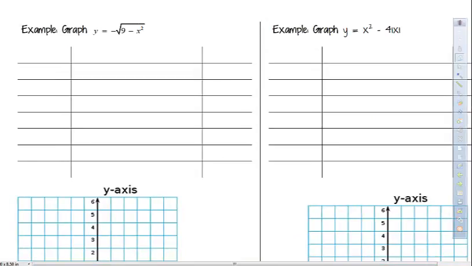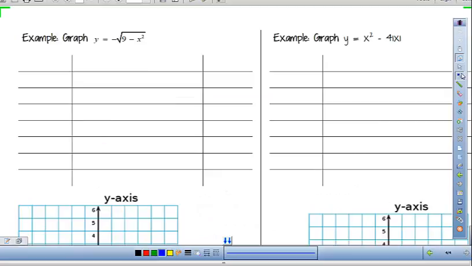All right, so we're going to start by graphing y equals negative square root of 9 minus x squared. Since this is a square root, I might try to plug in values that will give me perfect squares. I'm going to start with 0.